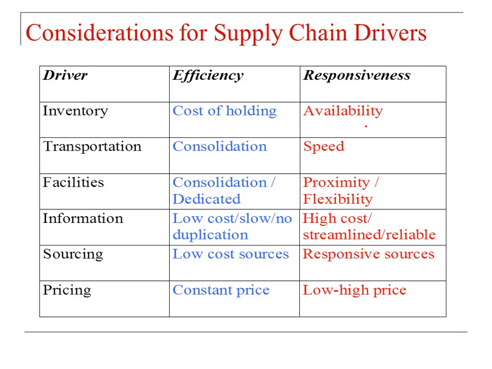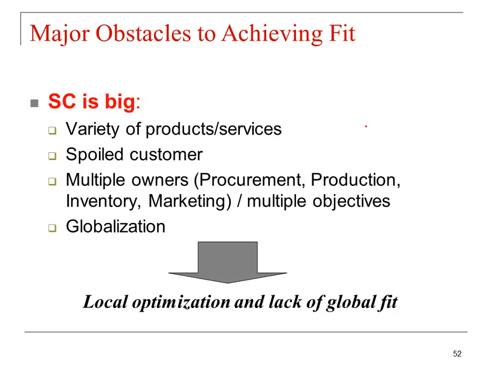So some of the major obstacles to achieving a fit: the supply chain is big, variety of products and services for customers, multiple owners, and globalization. In finding an optimal solution or the best solution, you will get a local optimization. You will not find a solution that will optimize for all the people involved in these decisions.